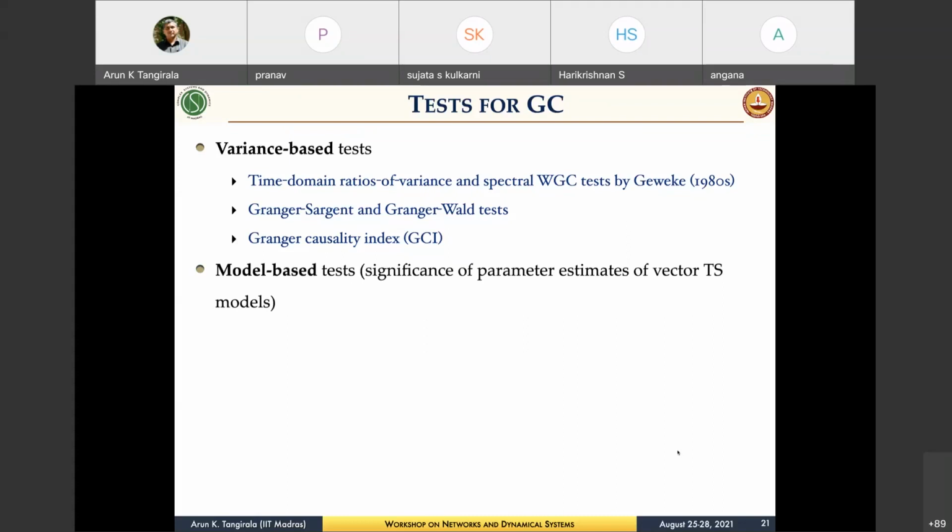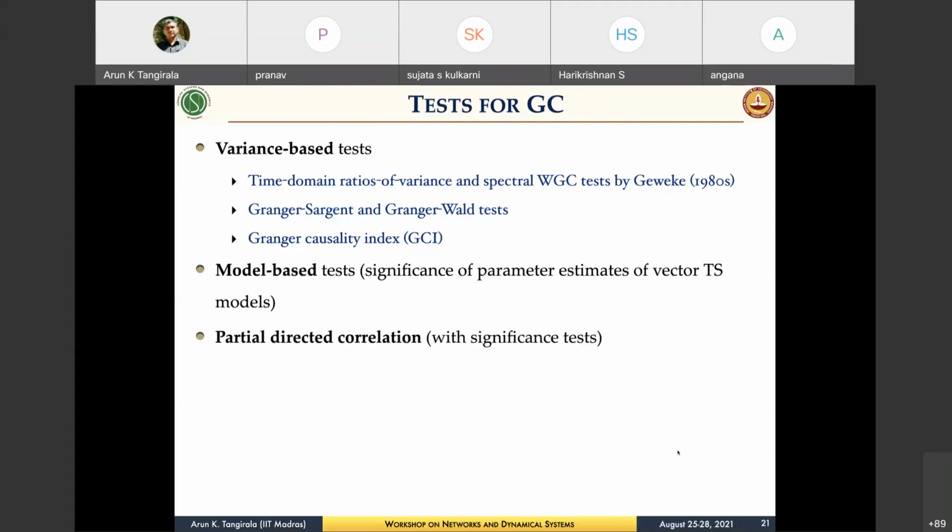Instead of comparing the variances of the residuals, you place your attention on the model and then apply certain significance tests on the parameter estimates of these vector time series models. I'll show you very soon. And then you conclude whether Zi affects Zj.